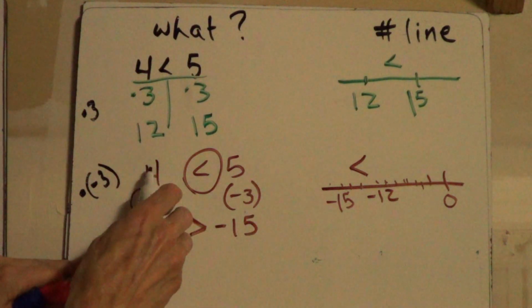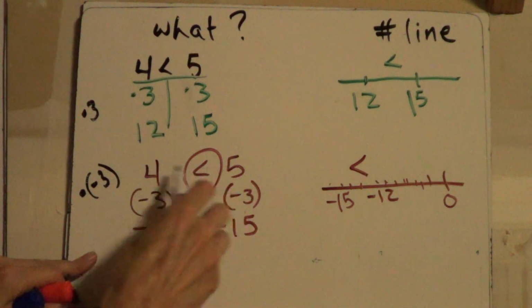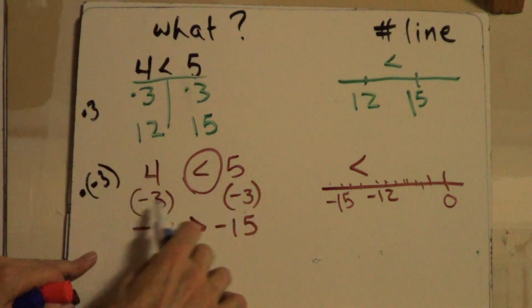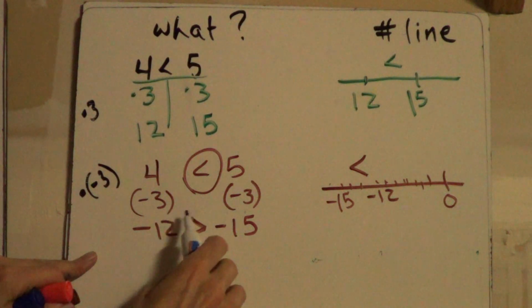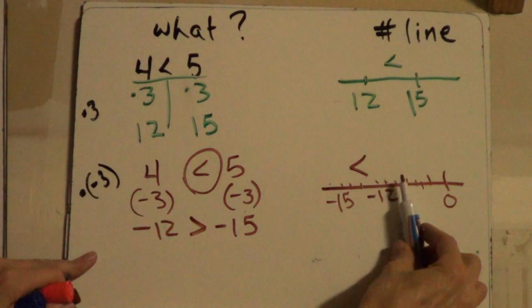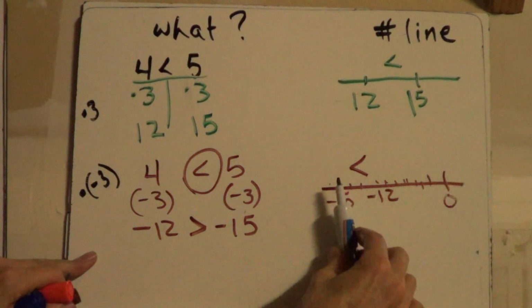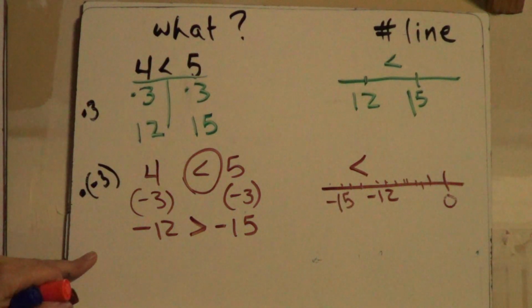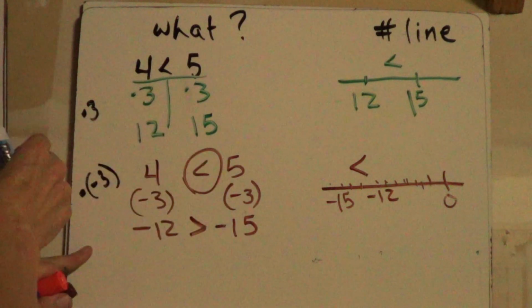So originally this one was smaller than that one, but when we multiply by the negative, we have to flip it around because this one ends up closer up here than that one. Okay? This also is the case for division.